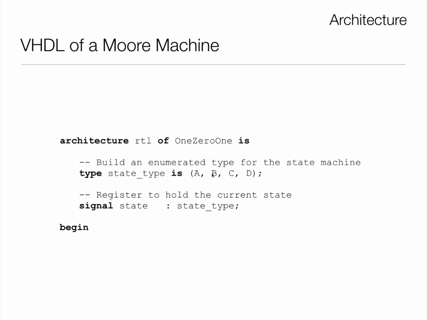So state can be assigned to A, B, C, or D. And this makes the VHDL easy to read. How do they ultimately get represented? Probably as some binary encoding on D-type flip-flops. But we don't have to care. We're abstracted away from the hardware. We're writing behavioral VHDL.